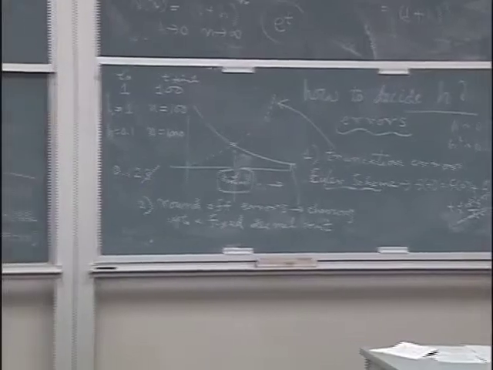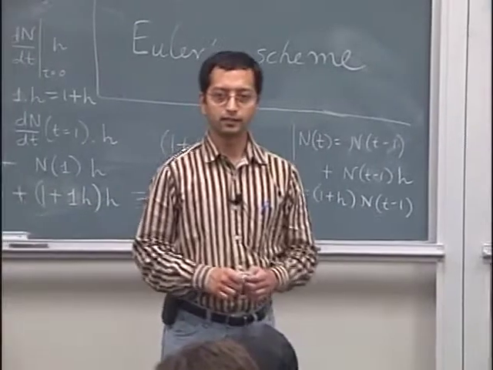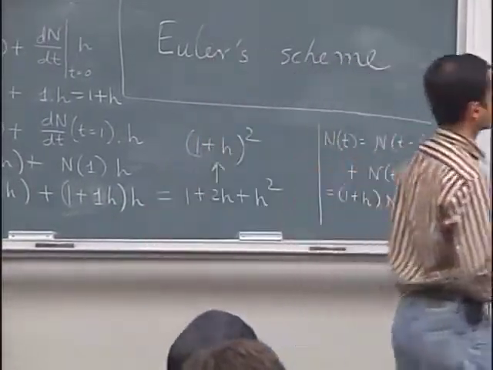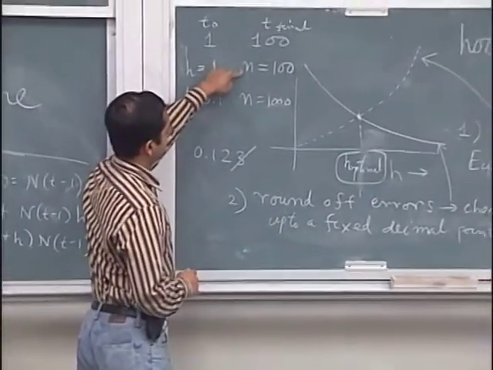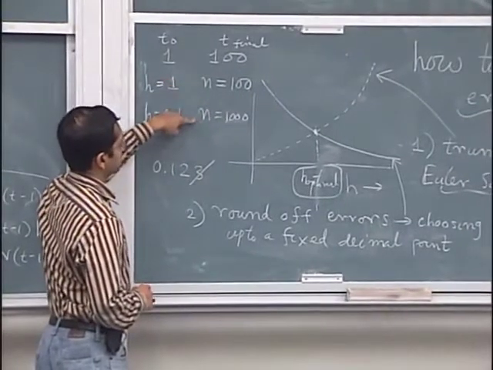On a computer, when you change, increasing or decreasing H, something is happening in terms of time. The computation time: if you do 100 time steps or 1,000 time steps, the calculation is 10 times larger.